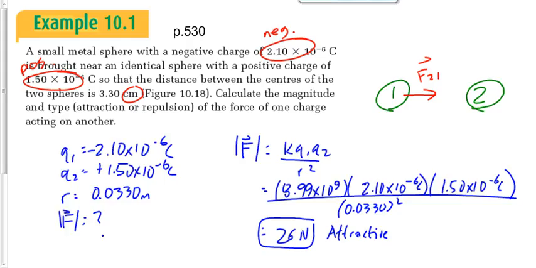Charge 2 pulls charge 1 towards it. It's 26 newtons. The force of charge 1 on charge 2 is to the left, because number 2 is pulled towards number 1. We'll call that F12. It's also 26 newtons, right? We're not finding the combined force. We're not finding the force on just this one. We're finding the force on both of them.